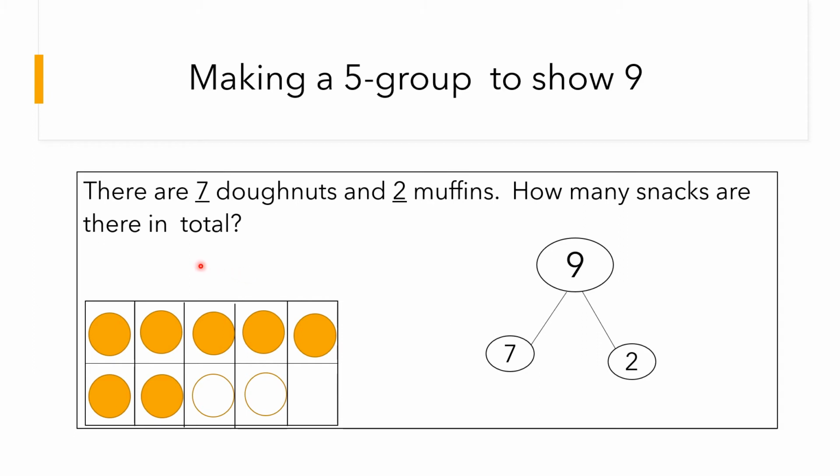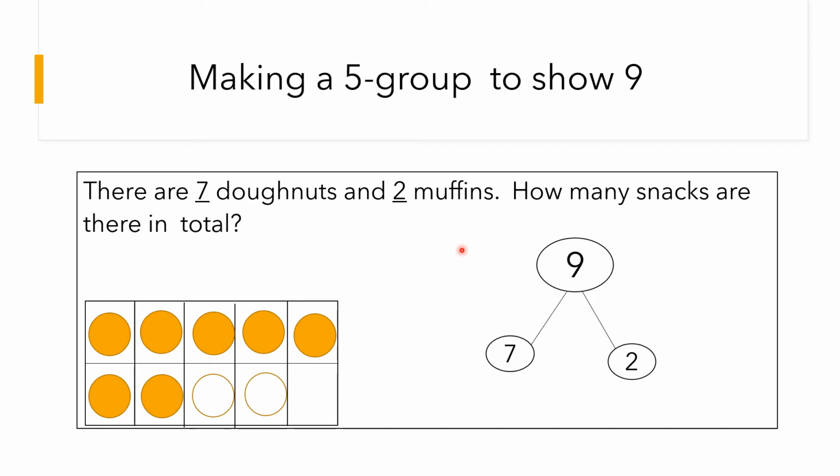Now remember, I want to make sure you can see my 2 parts. So I'm going to change the color here to white so that you can see my 2 muffins. 1, 2. 7 donuts plus 2 muffins. Let's count to confirm that we have 9. 1, 2, 3, 4, 5, 6, 7, 8, 9.